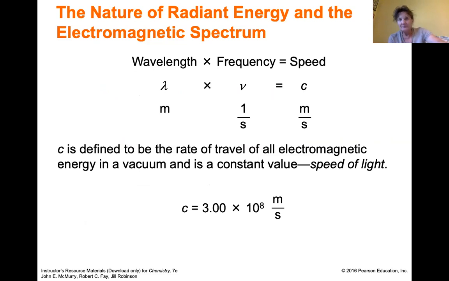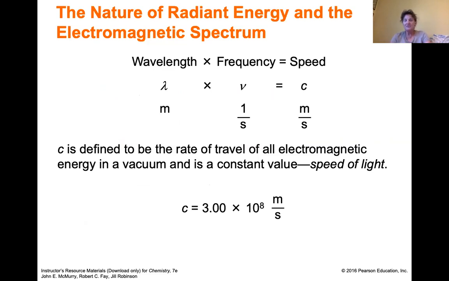So the energy from the electromagnetic spectrum is going to have a relationship to the frequency or the wavelength. So we'll go through this. It's not on this slide. The wavelength times the frequency equals the speed of light.